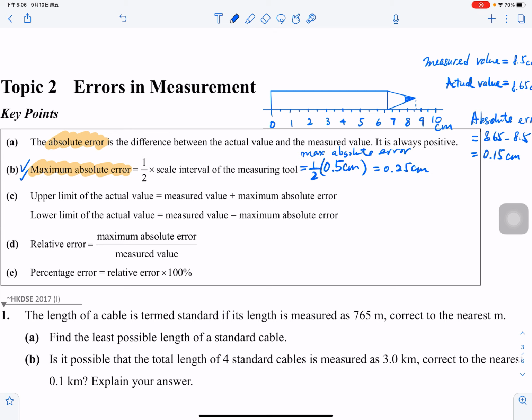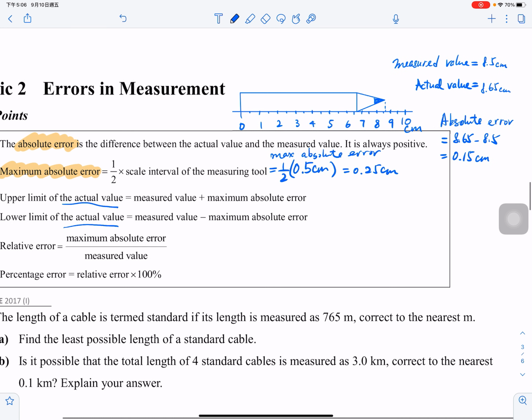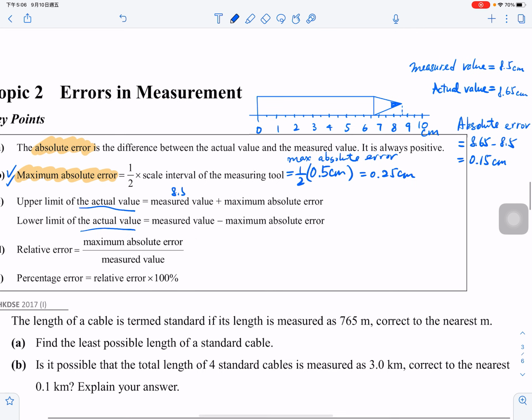Okay? How about the upper limit and the lower limit of the actual value? Okay, by using this example again, here is the measured value. That means 8.5 is the measured value.